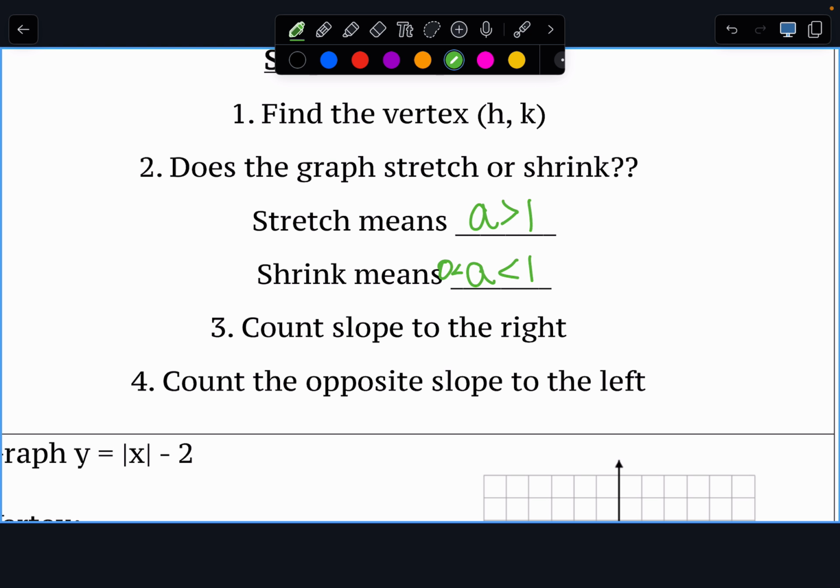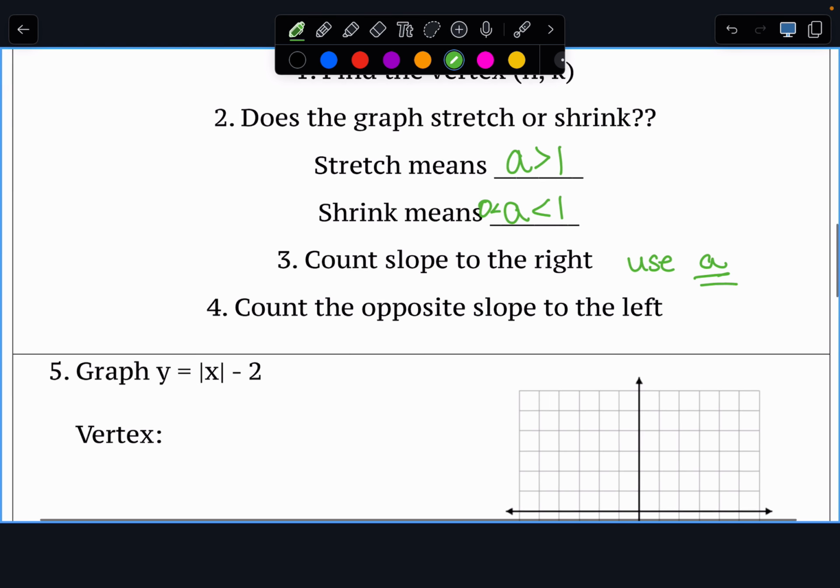We are then going to count slope. A is going to tell us what the slope is going to be. Slope is rise over run.